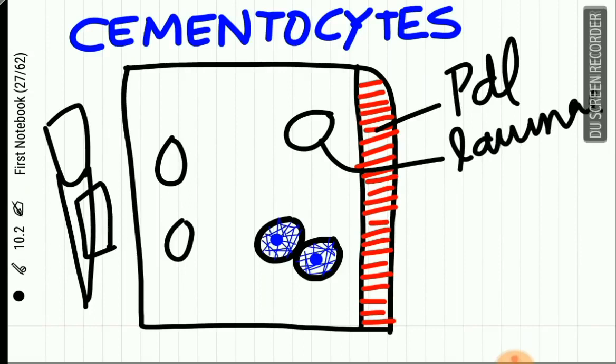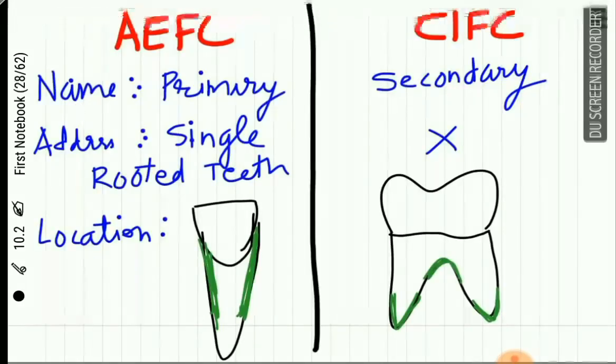The cementocytes have a cell body and numerous processes which extend from the cell body to form a network, and they intermingle with the adjacent cells. In the inner layers of the cementum, there are numerous empty vacuoles which represent degenerating cementocytes.